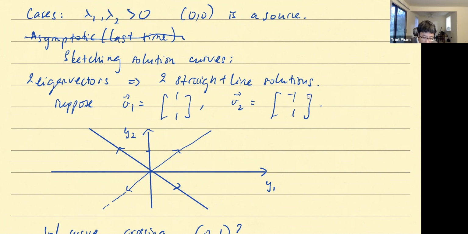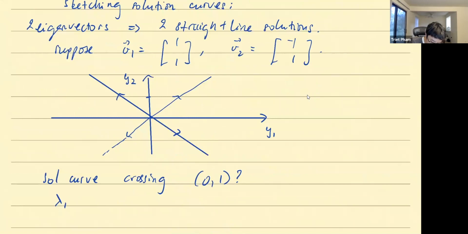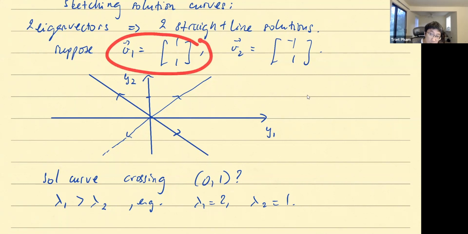Of course, we assume lambda 1 is bigger than lambda 2. For concreteness, let's say lambda 1 is 2, lambda 2 is 1. So the trick is, what I said last time was wrong. As t goes to infinity, I said that because lambda 1 is bigger than lambda 2, it should be close to v1. That's not true. Actually, the opposite is true.